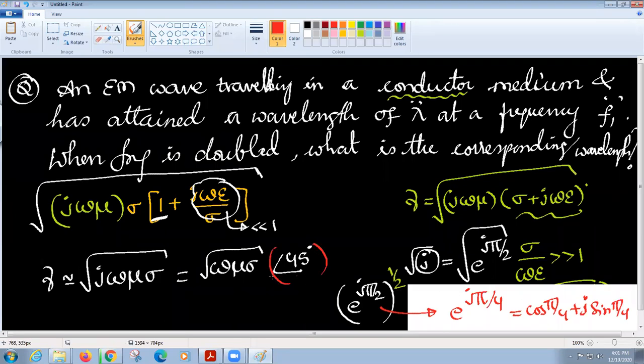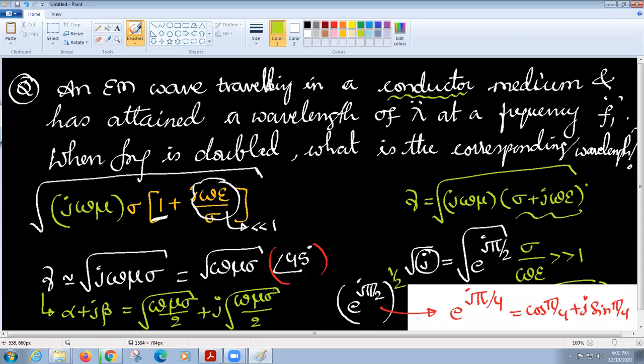So just use it here. Cos pi by 4 is 1 over root 2, also sin pi by 4. So therefore, gamma, we have alpha plus j beta, is equal to square root of omega mu sigma by 2 plus j square root of omega mu sigma by 2.